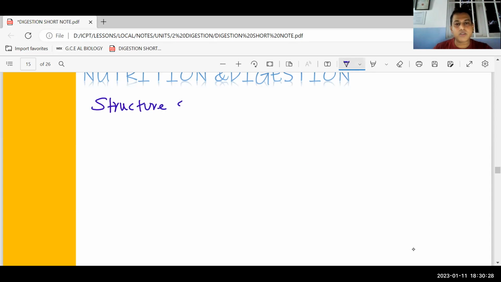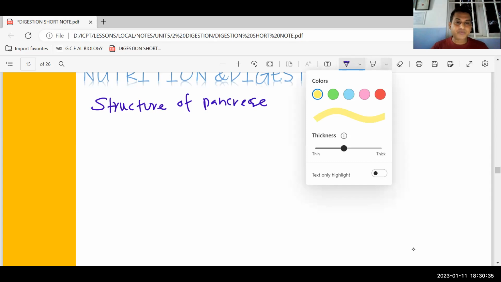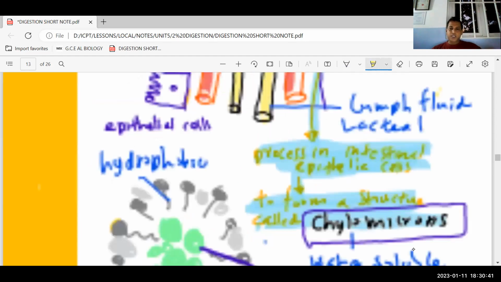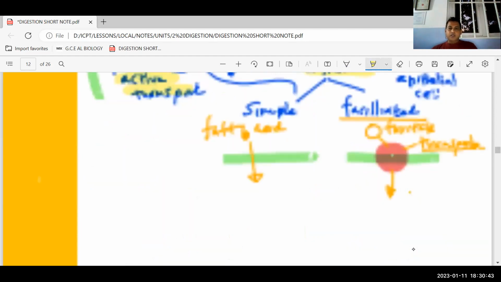Structure of pancreas. Okay, so just to revise again, what is the role of pancreas? I will use the short note.